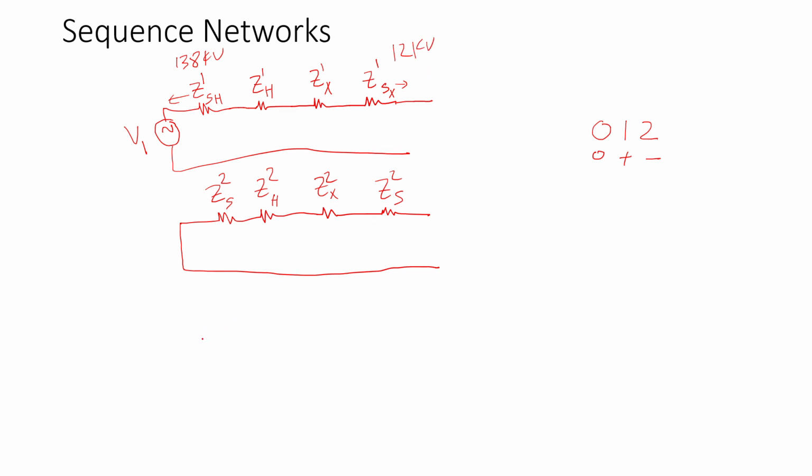Then for the zero sequence, it's a little bit different. You write here the zero sequence of the system, transformer high side, low side, then the system. But then you have to show the stabilizing branch.